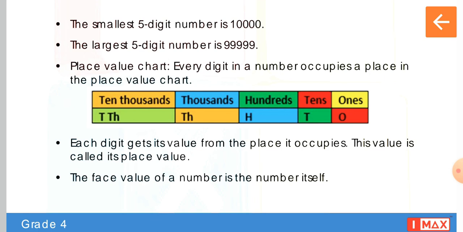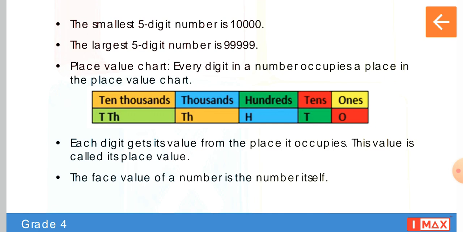That is, 1 will be in the 10,000s place, 3 will be in the thousands place, and zeros in the hundreds, tens and ones places, right?